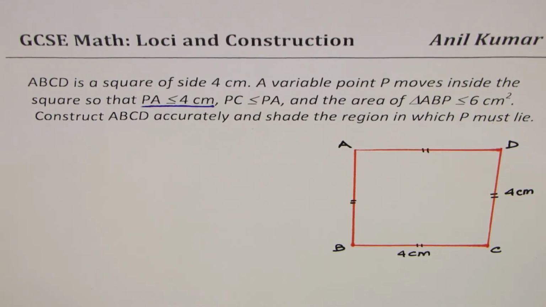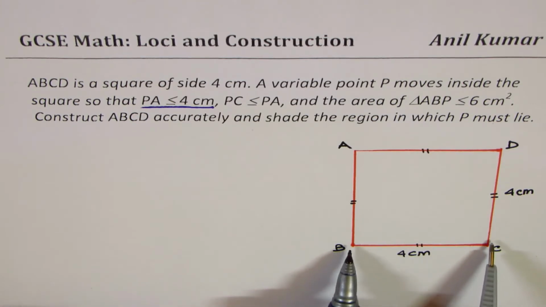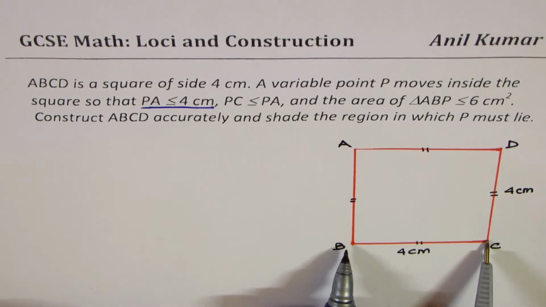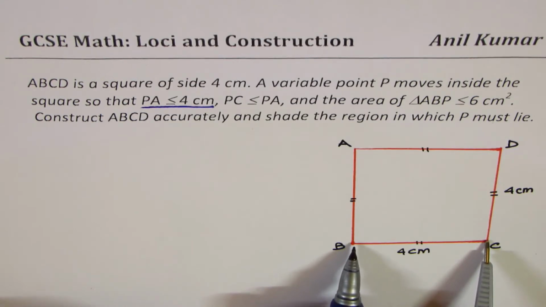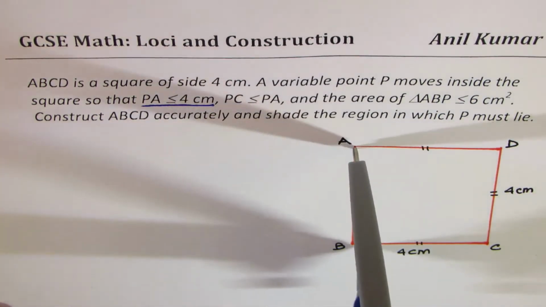That means we can actually draw an arc from A 4 centimeter long. Let's assume these are accurate enough to do the work. So I'm just measuring this, and we'll put it on A and draw the arc, right?